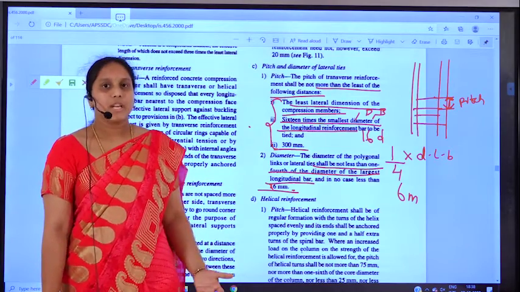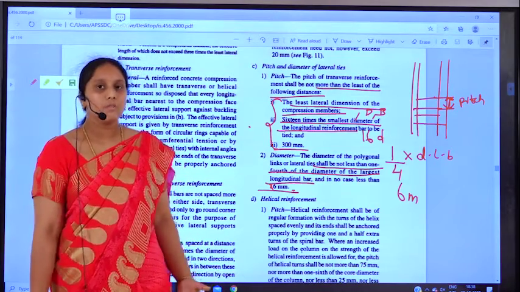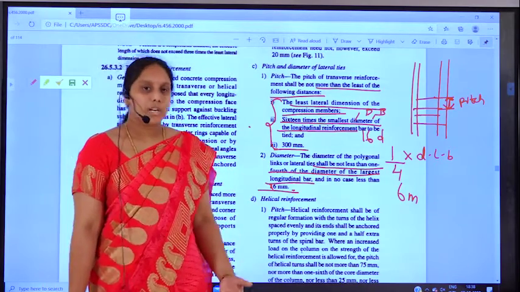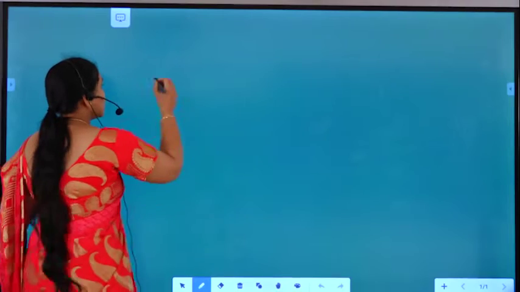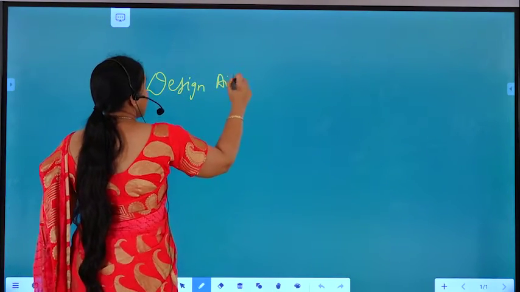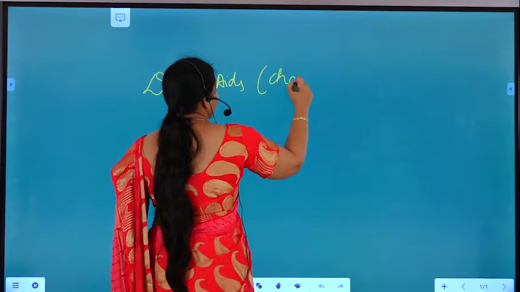So for the design of such columns, design aids have been used, that is, some charts.